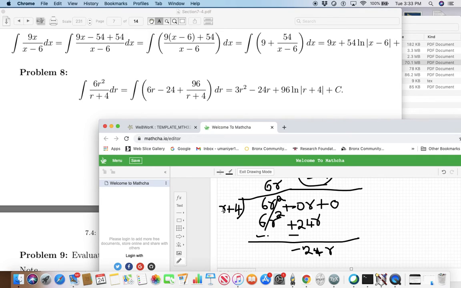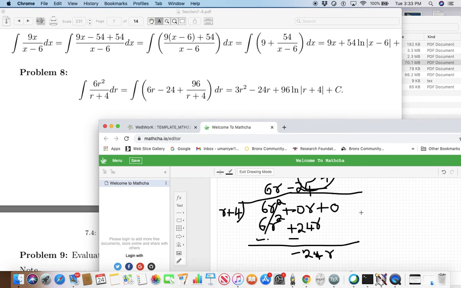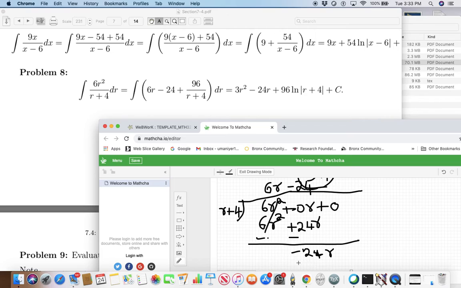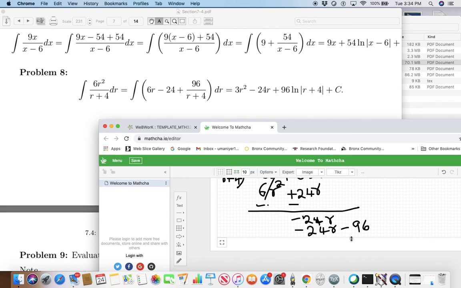Okay. Now r, to match with negative 24r, I need a negative 24. So that gets me negative 24r, negative 24 times positive 4 is negative 96. You'll have to trust me. Take my word for it, right? So I'm out of space here, so let me quickly go with this.